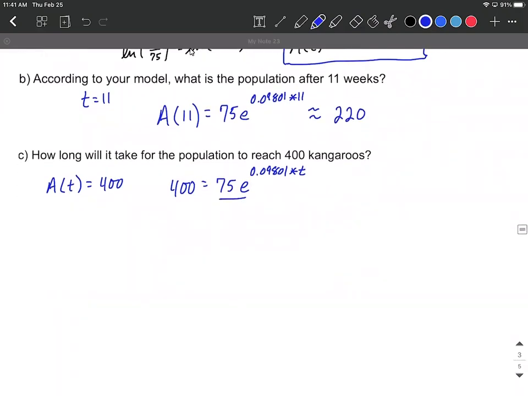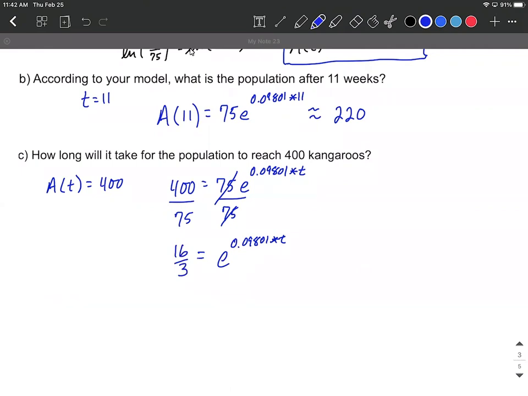So we'll divide both sides by 75. That'll be e raised to the power on the right-hand side. Just copying that back down. On the left-hand side, we could reduce this down. I think both are multiples of 25. So this could be 16 thirds, or you could leave it as 400 over 75, as eventually we're going to have to get our calculators out.